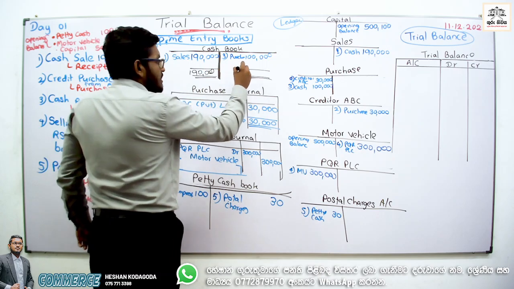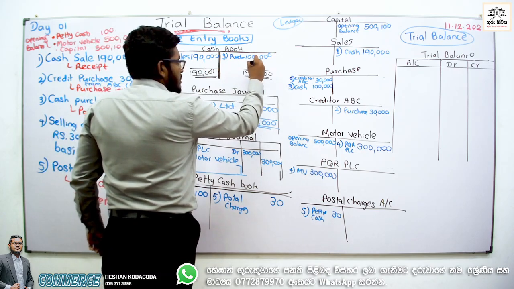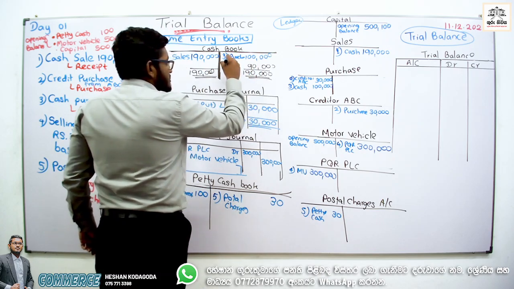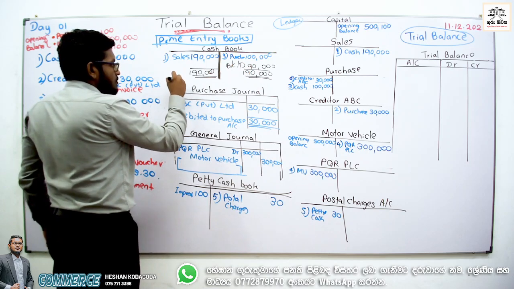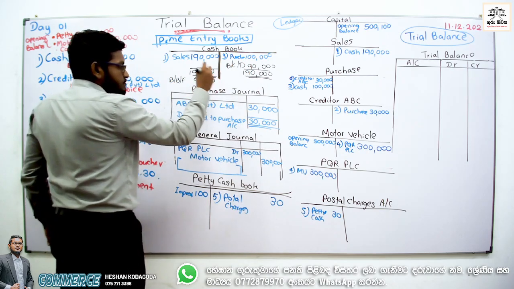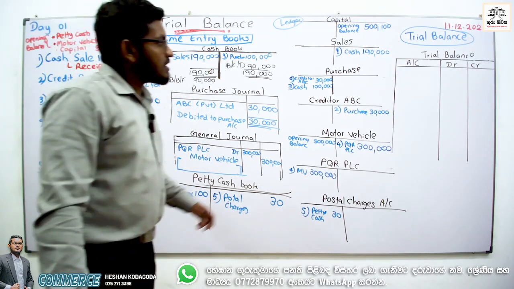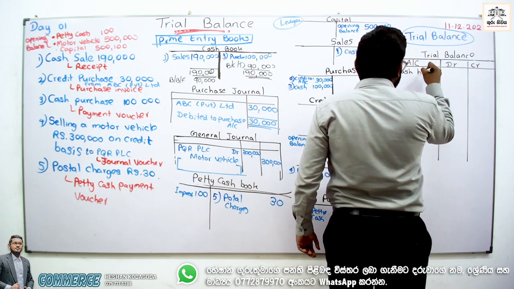So we can write 119 here. When we take 100, it's 90,000. How much? Balance carried down. Balance brought forward 90,000. Is it clear to you guys? Right? So you can write the cash book in here as 90,000.